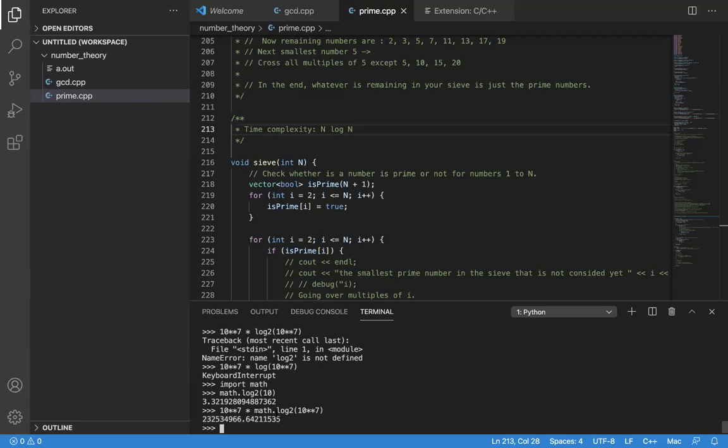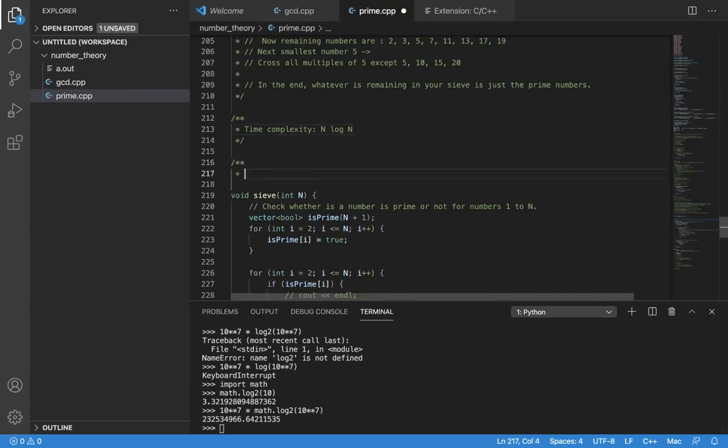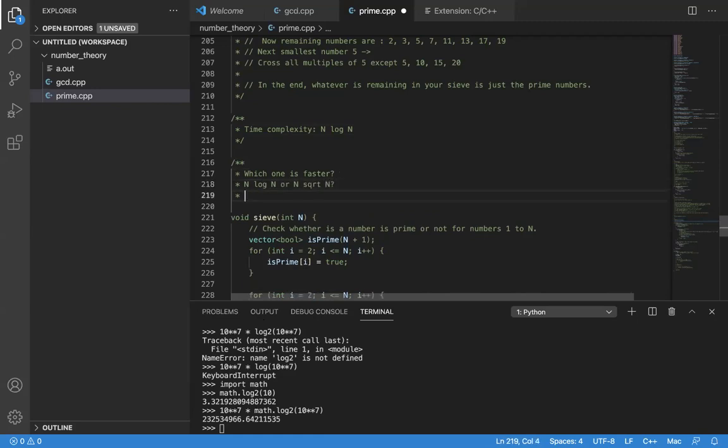So n log n, you can see, is considerably faster than n square root of n. Which one is faster? n log n or n square root of n? You can see n log n is faster because log n grows much slower than square root of n. For n equal to 10 power 9, log n is about 30, but square root of n is about 30,000.